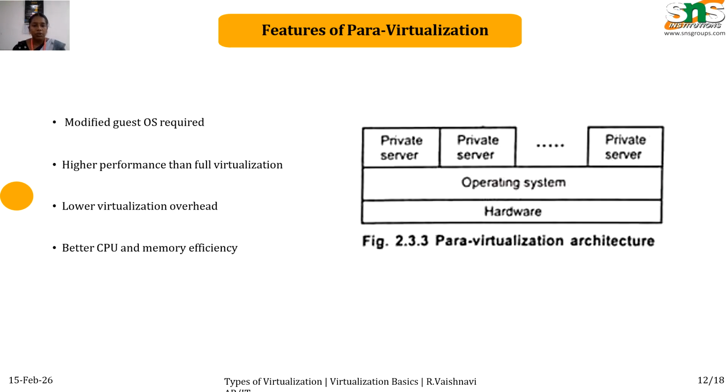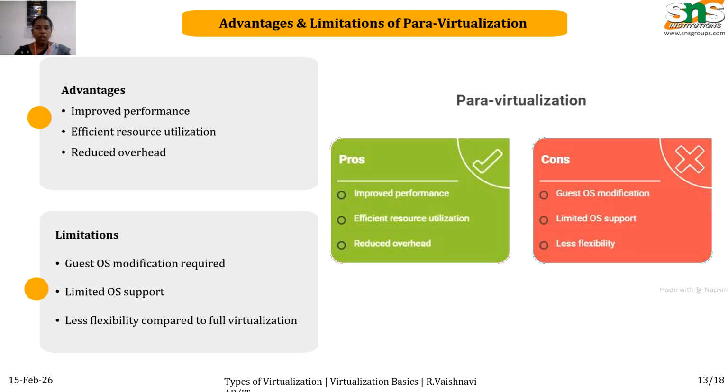Features of the para virtualization. It modifies the guest OS and provides higher performance than the full virtualization. Lower virtualization overhead, better CPU and memory efficiency. The advantages and the limitations of the para virtualization. The advantages will be it improves the performance, efficient resource utilization, and reduces the overhead.